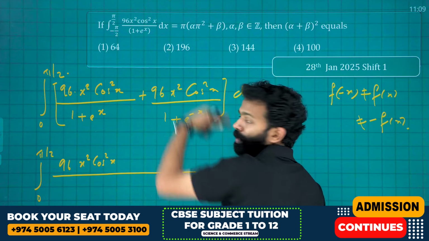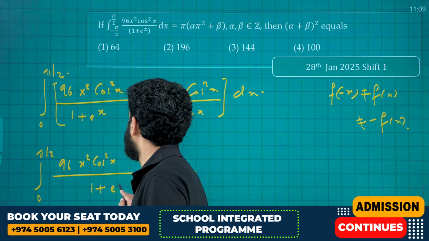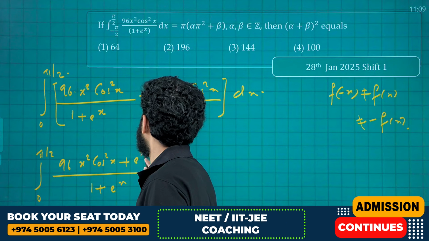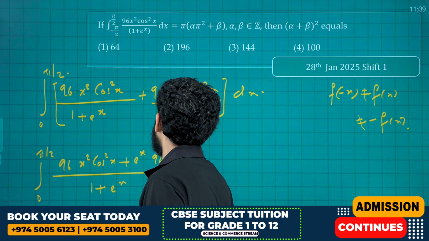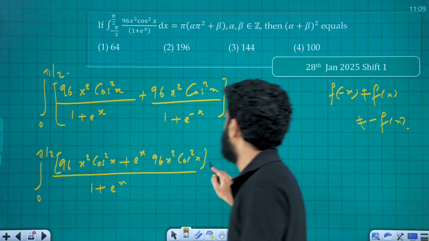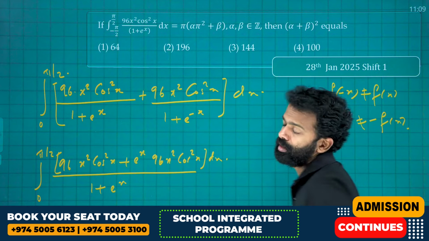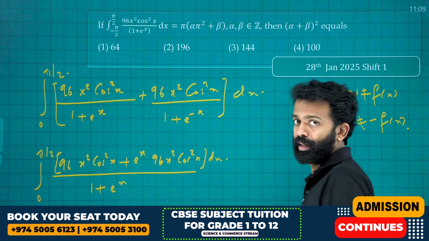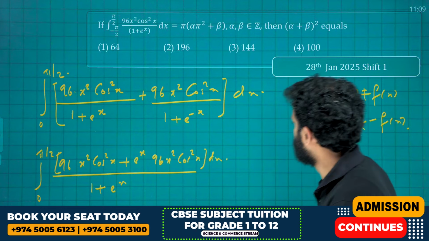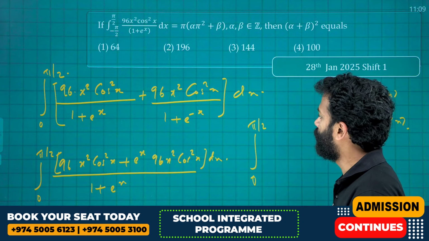That e raised to x will come up, so the denominator is the same, 1 plus e raised to x, plus e raised to x into 96 x square cos square x, dx. Take 96 x square cos square x outside, the 1 plus e raised to x will get cancelled, and it will be reduced to the integral from 0 to pi by 2.